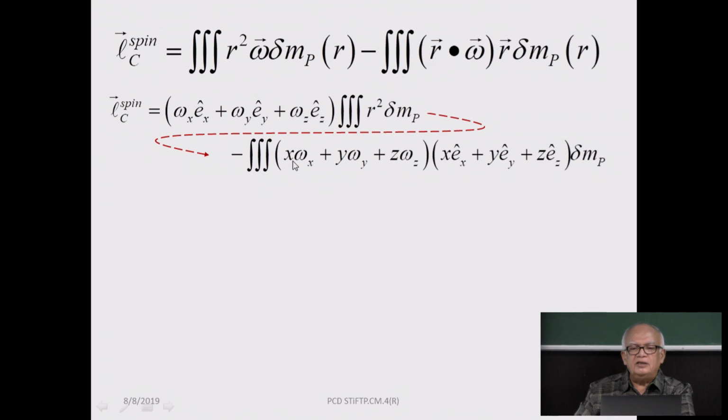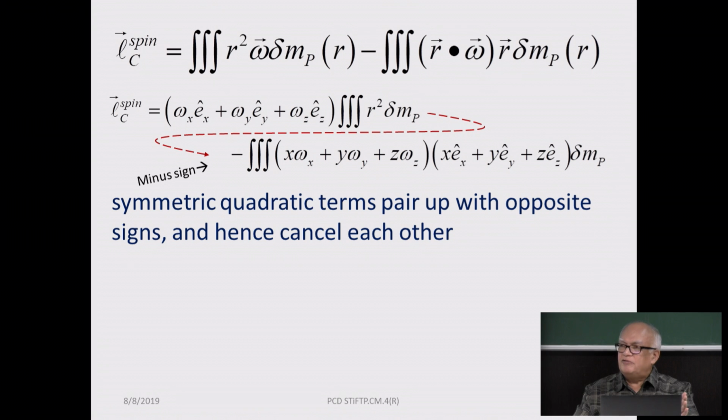And notice that you will get a quadratic term because this x times this x will give you x squared times omega x in the direction of Ex from the first term, right? And you have a corresponding term x squared times omega x Ex from here. But this comes with a minus sign. And the same thing will happen with the corresponding y and z components. So the quadratic terms in the second term cancel the corresponding terms in the first. And then you are left with the remaining terms.